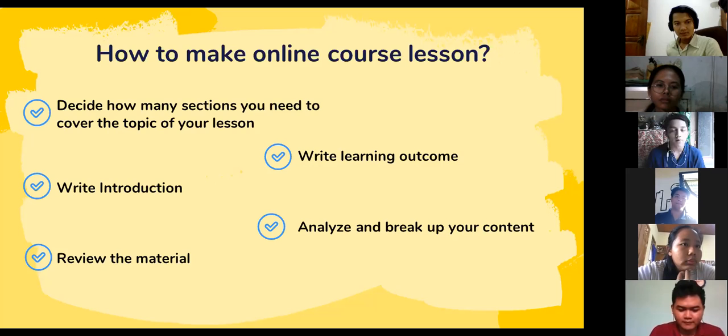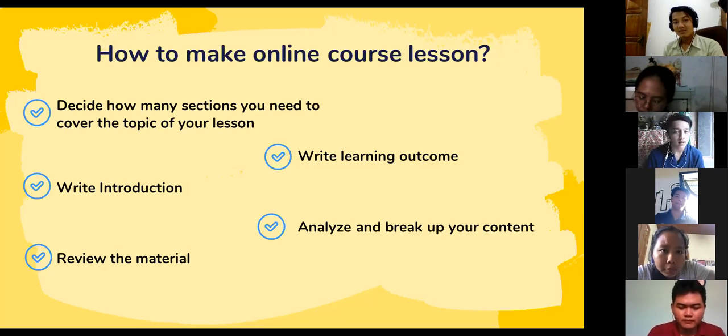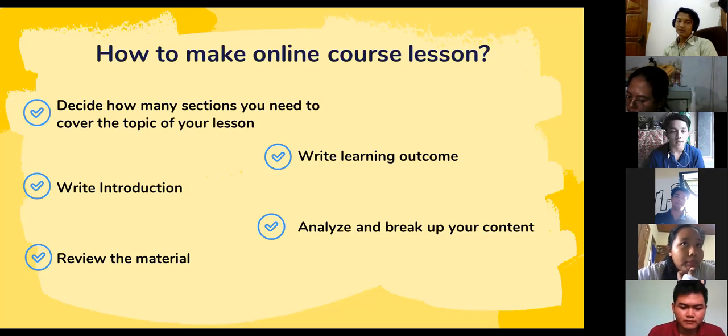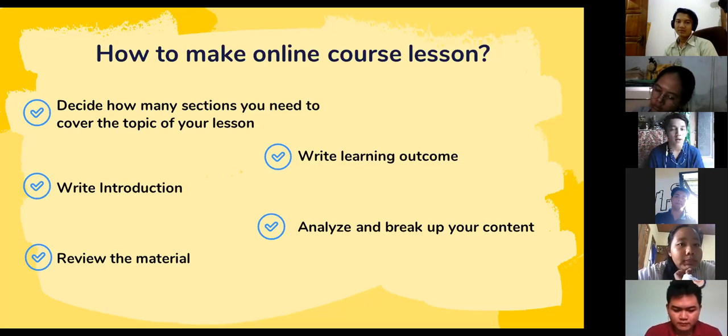This means that when you want to finish one topic of your lesson, pay attention to how many sections you want to make to cover all the material. And then the second is write learning outcomes. Learning outcomes are very important because they are what a student will get when you present the topic.